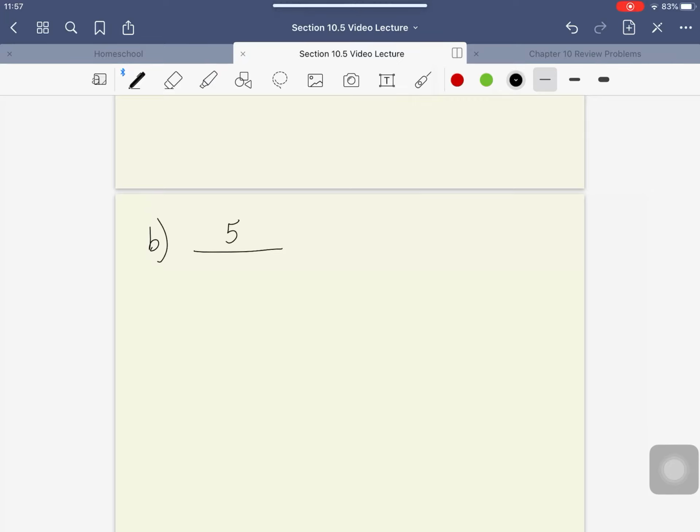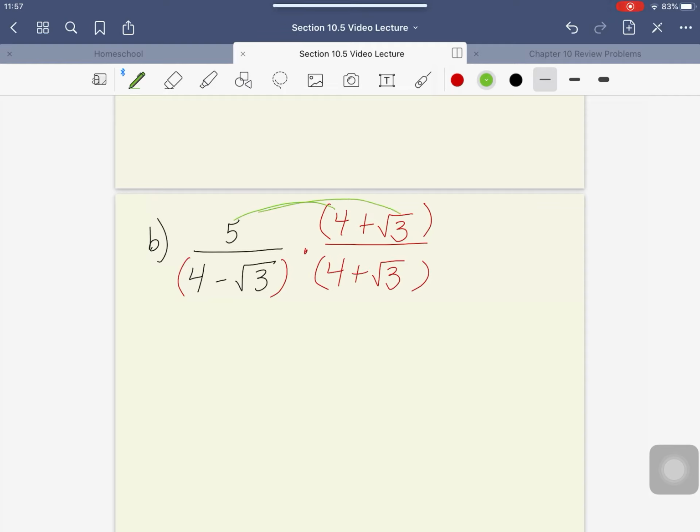Five over 4 minus the square root of 3. So to rationalize, I'm going to multiply by 4 plus the square root of 3. All right, so distribute in the numerator and get 20 plus 5 square root of 3.